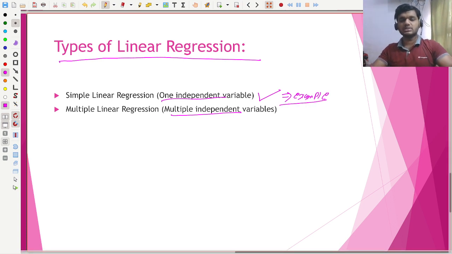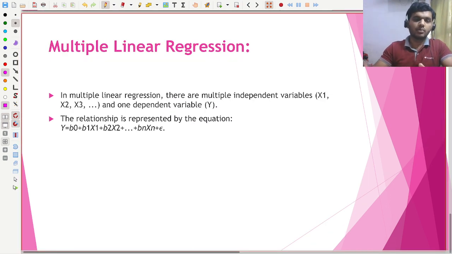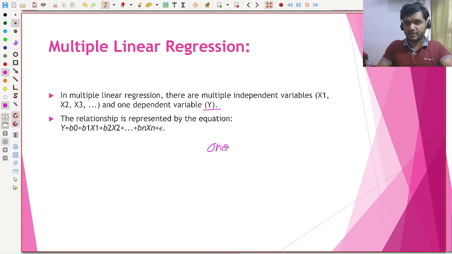Now we'll discuss multiple linear regression. Multiple linear regression is the same as simple linear regression; the difference is that there is more than one independent variable. In multiple regression, there are multiple independent variables, x1, x2, x3, up to xn, and one dependent variable, that is y.